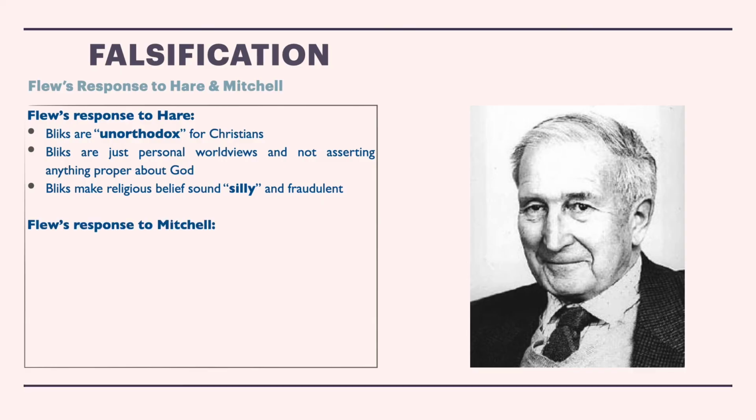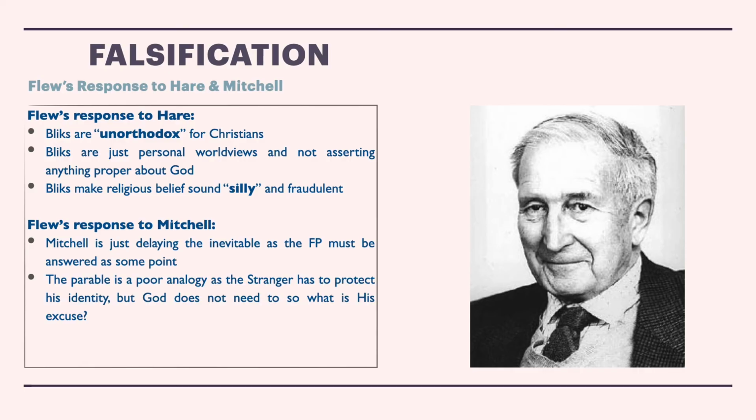Flew's response to Mitchell is that he accepts, the same as Mitchell, that religious beliefs are assertions, factual claims, but he thinks Mitchell is just playing a delay tactic here, that he's delaying the inevitable, because the falsification principle has to be answered at some point. He also believes, when analysing the parable, that it's a poor analogy.